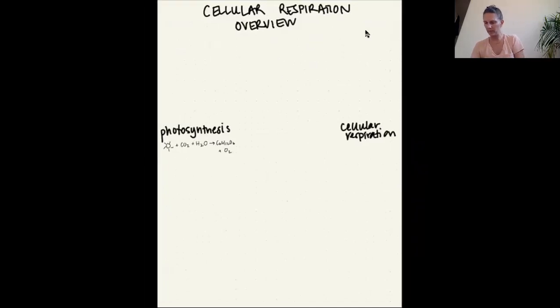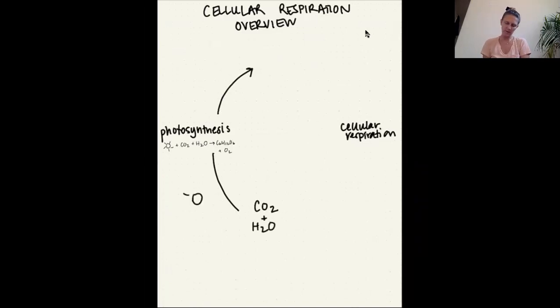Again, the inputs are carbon dioxide and water, and we also obviously need some energy in the form of sunlight.